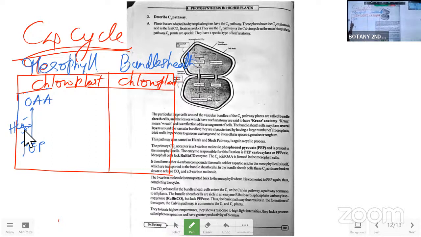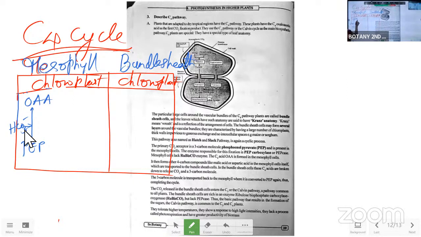So the first stable compound formed is oxaloacetic acid. Based on this first stable compound, the cycle was named the C4 cycle. The enzyme utilized here is the PEP carboxylase enzyme.